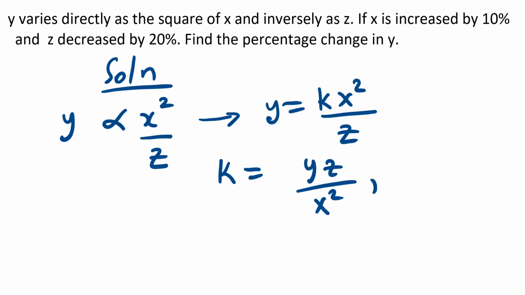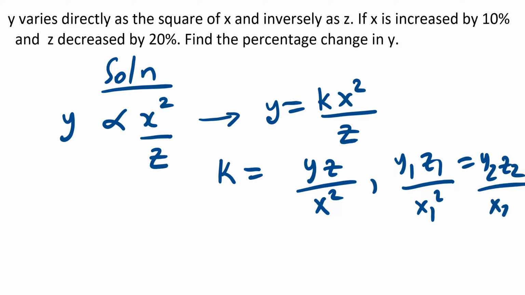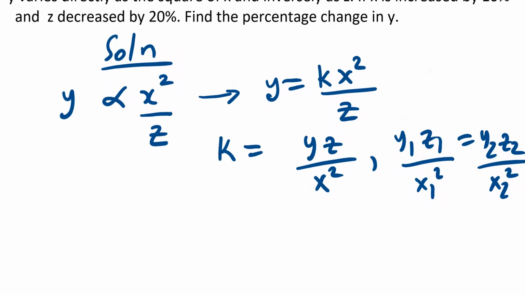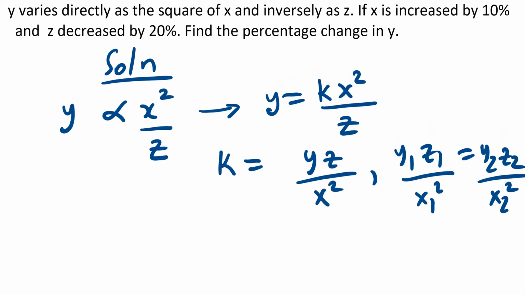So it is very common here that when you have y1 z1 over x1 squared, this equals y2 z2 over x2 squared. So here first of all, if you check the question, y1 is actually y, x1 can be termed to be x, and z1 will be z.